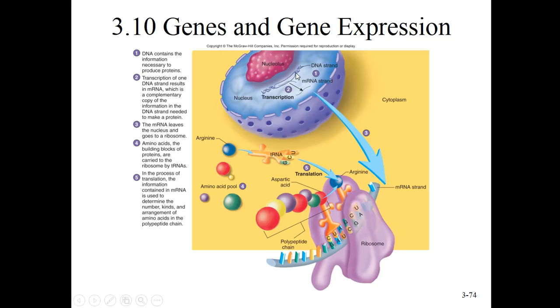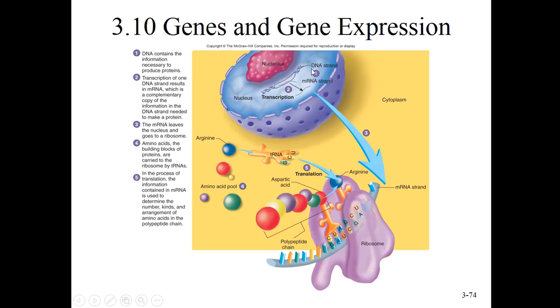When the gene is activated, enzymes come in and unzip the DNA and then copy the letters onto a new molecule called a messenger RNA strand. RNA is a close chemical cousin to DNA, and you might remember we get the materials for RNA out of the nucleolus.